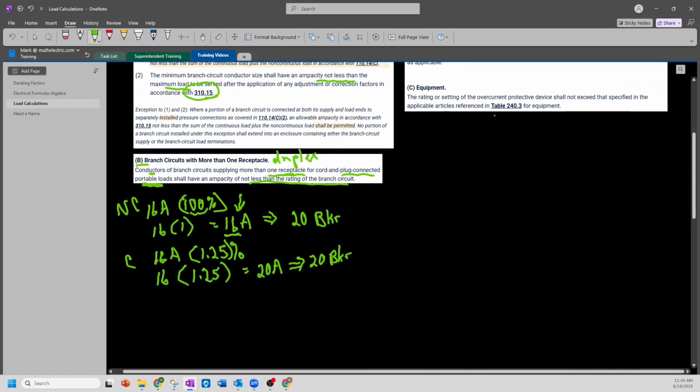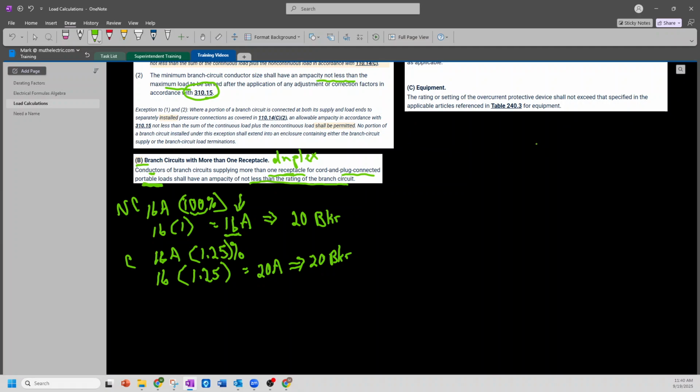So let's do this. Let's say we have a 30 amp breaker. What's the maximum continuous load we can put on?